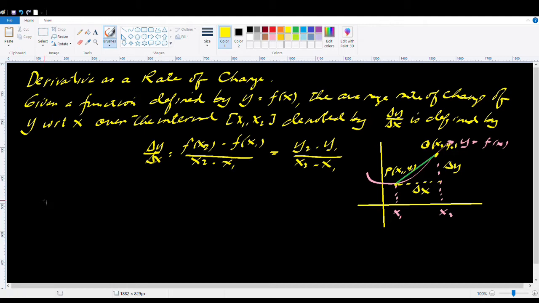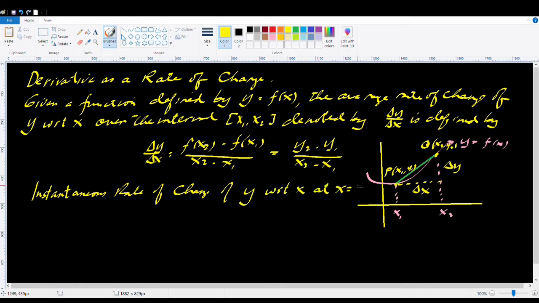The instantaneous rate of change of y with respect to x at x equal to x sub 1 is simply dy dx at x equal to x sub 1, or it is the derivative of the function f evaluated at x sub 1.